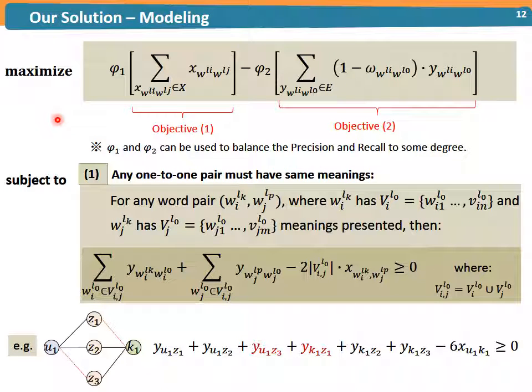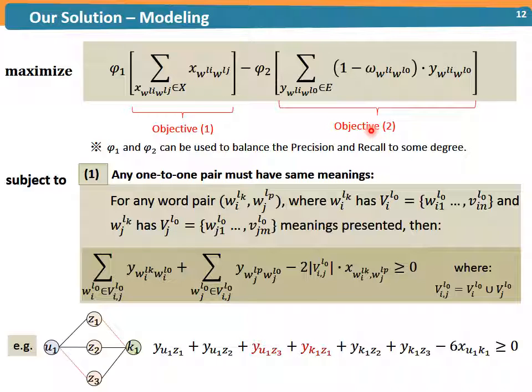Here is a linear expression of our overall objective function, which consists of two parts. The first part represents our objective to maximize the number of one-to-one pairs, so it is the summation of all the x variables which represent the one-to-one pair candidates.